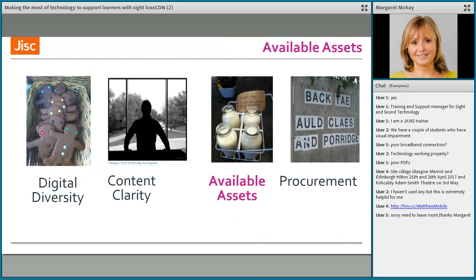So if we think next about our available assets, our everyday assets in our organisations, our learning environments, our ebook collections, our websites could be the most inclusive tools within our organisation. We've seen how plugins can make a difference and how adding to what we've got can make a difference. But one thing I want to talk about in this context is alternative formats.